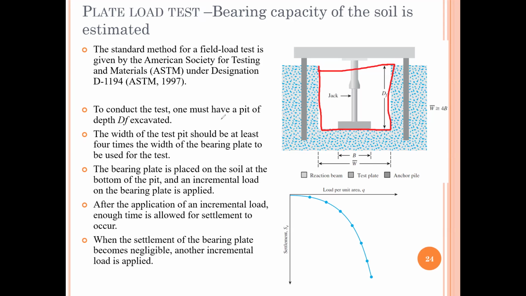This is the pit. The condition is the width of the test pit should be at least 4 times the width of the bearing plate. This is the bearing plate. If this is B, this width should be minimum 4 times the width of the plate.